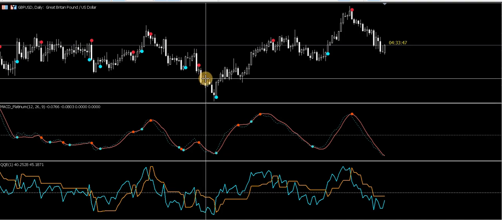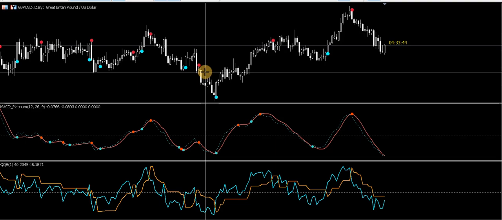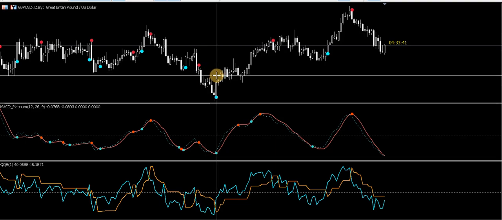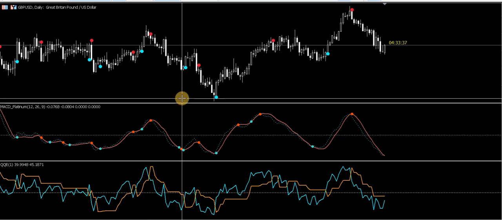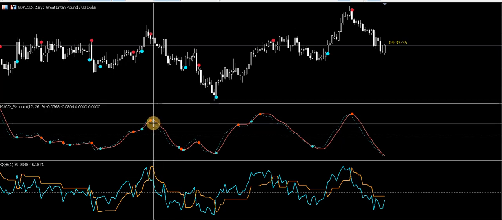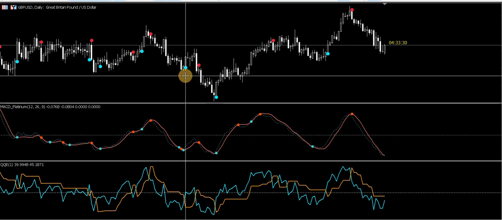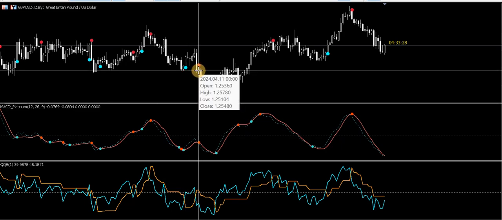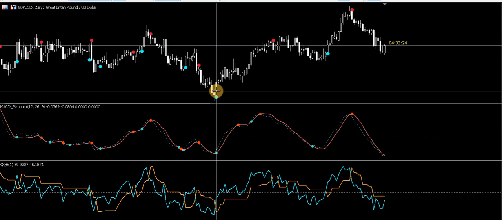I should have just called it QMP, because it doesn't really filter out anything. The Q in QMP stands for QQE Advanced, and the MP stands for MACD Platinum. So that's all that means. And these dots just make life a lot easier. It's not an actual indicator itself, but it makes life easier.